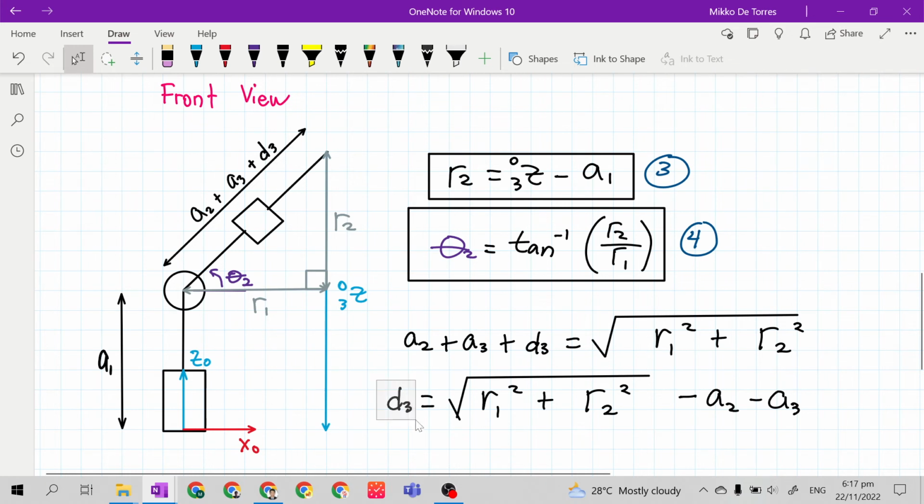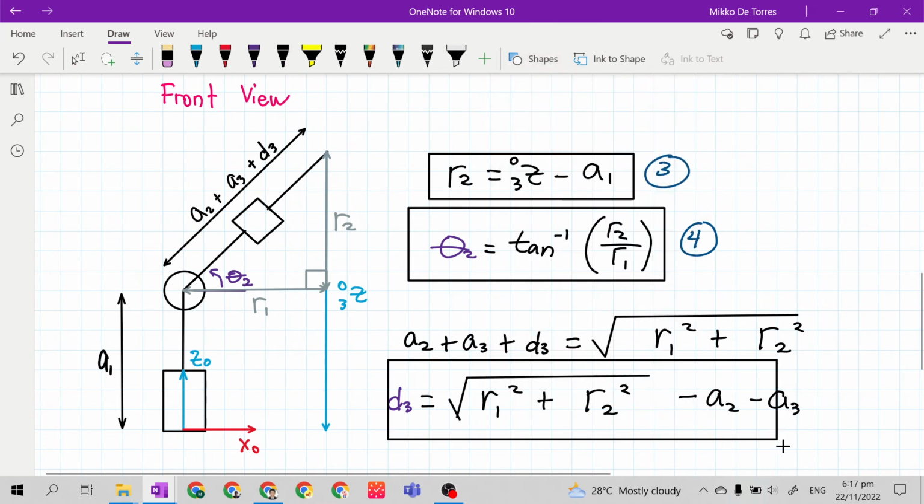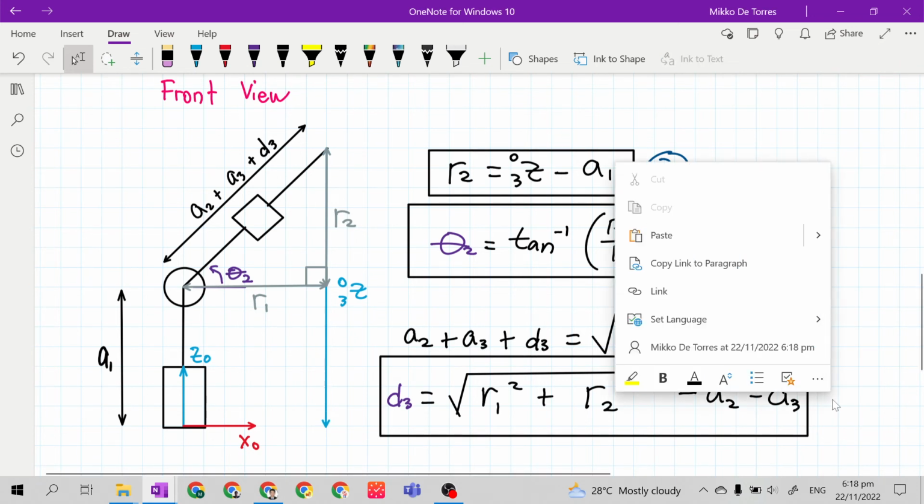So d sub 3 is the joint variable. Let's put them inside a box and number it as our fifth equation.